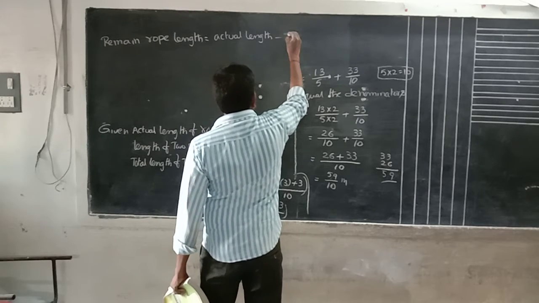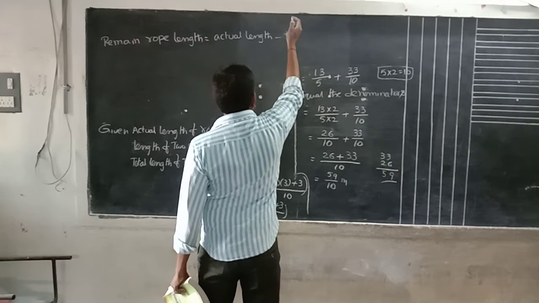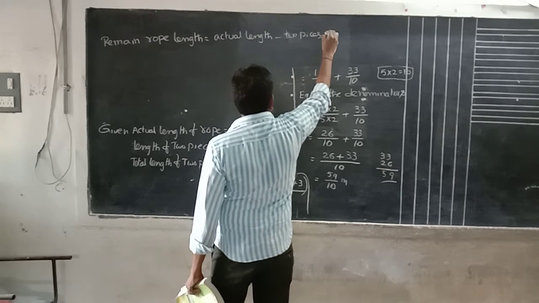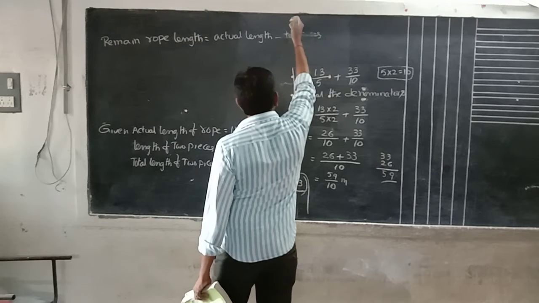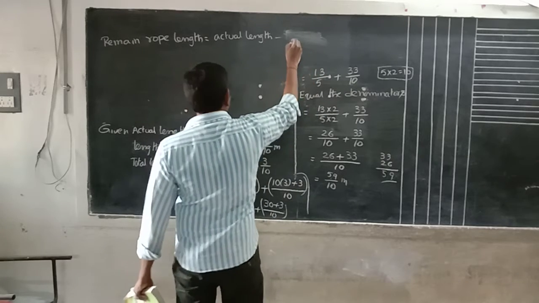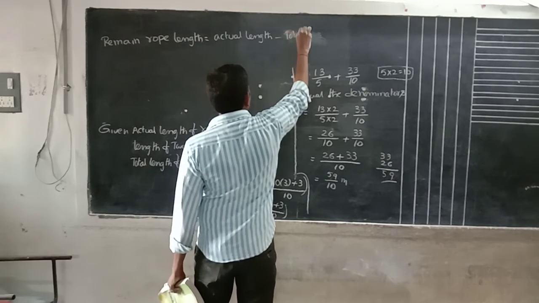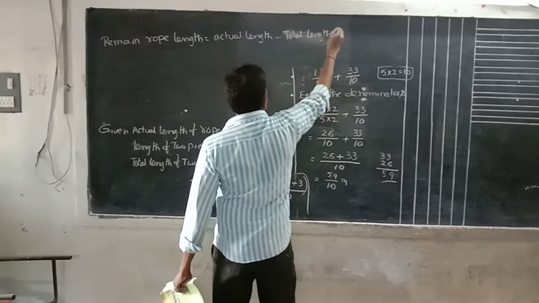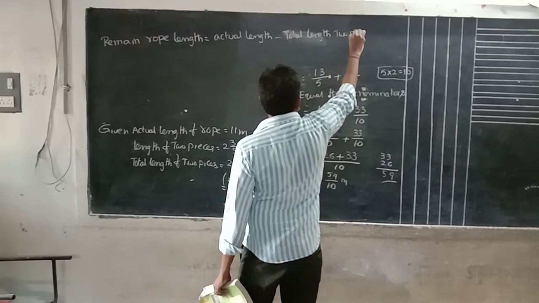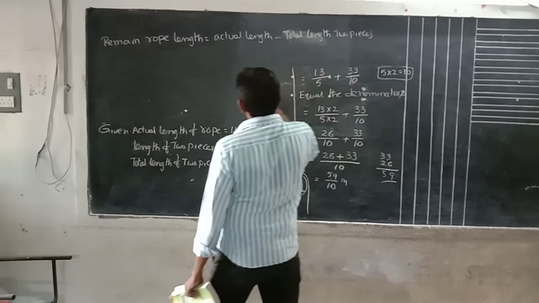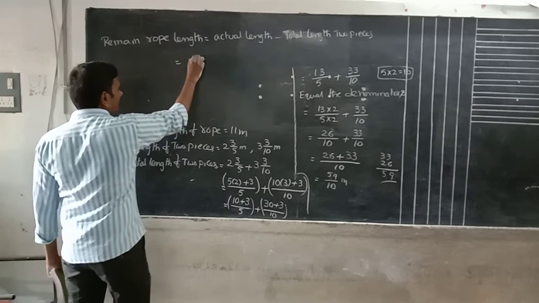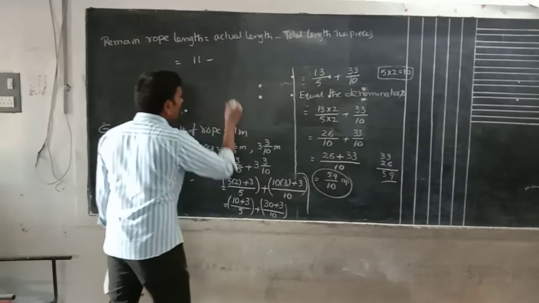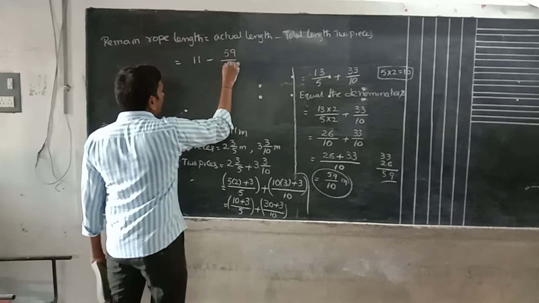Now the actual length is 11 meters, minus the length of two pieces, 59 by 10.